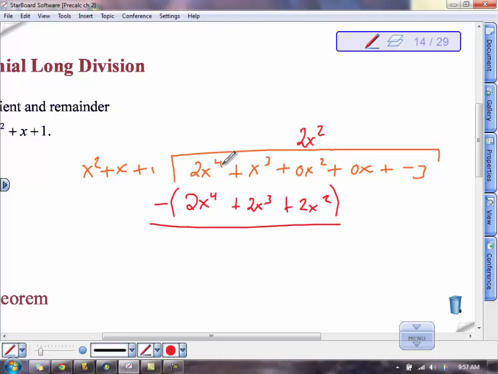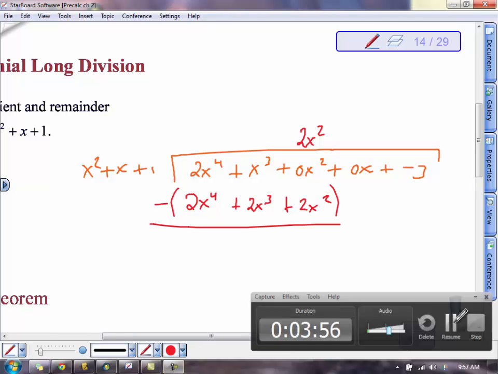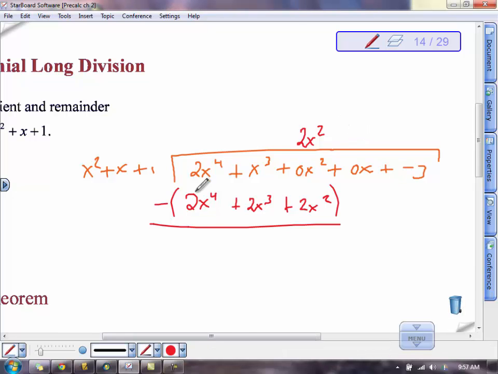When I subtract, this is going to cancel. So I'm going to now subtract this. This turns into 0. x cubed minus 2x cubed gives me negative 1x cubed. And 0x minus 2x gives me negative 2x squared. Now I'm going to drop down the next term, which is plus 0x.